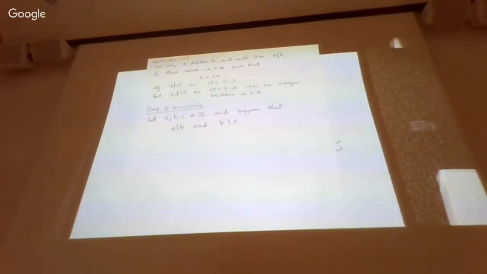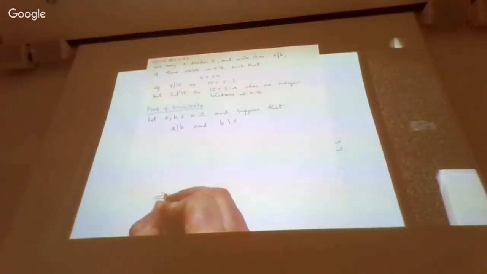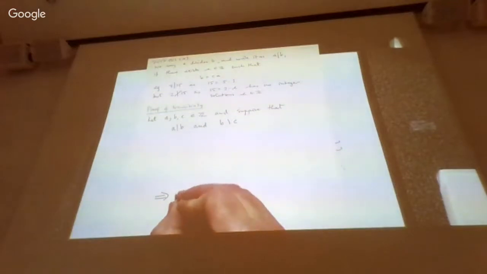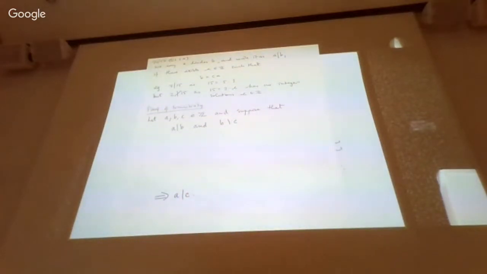Think of the steps we go through to construct these proofs and to find our way through these arguments. First of all, make it very clear what the starting point is. So you clear up the information that you're giving yourself. And then down at the bottom, you have the conclusion. So the conclusion we're trying to get is A divides C.